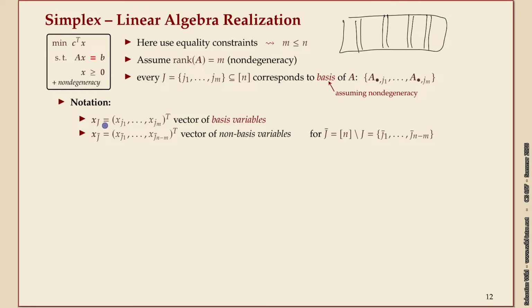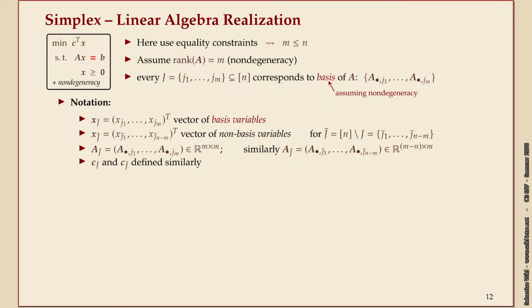These are the basis variables, those that interact with these columns. And you can separate those from the others, the non-base variables, just by their index, right? The basis variables have an index in this capital J and the others don't. Now, why is that useful?